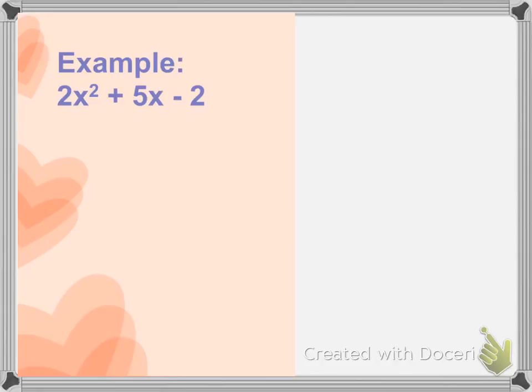So if you look at this, we have a trinomial that has a number in front of the x squared, so we learned that we need to multiply the first number and the last number together, which gives us 4. So we are looking for something that multiplies to give us 4, and in this case subtracts to give us 5.